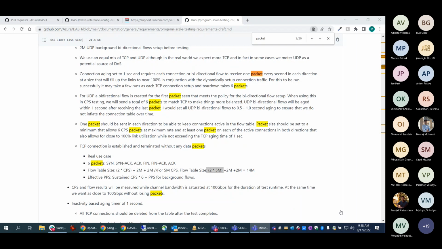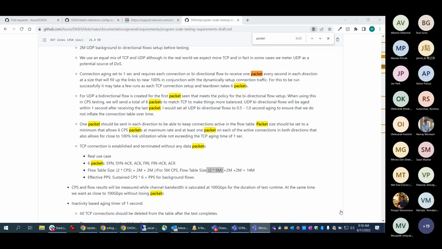But as far as I understood, it just does the 6 packet transaction and it disappears. But you have half of the CPS connections as UDP, right? So in the 5 million CPS, you will still see 2.5 million connections from UDP that stay in the flow table. So it's for the TCP where it just comes and disappears within this short period.